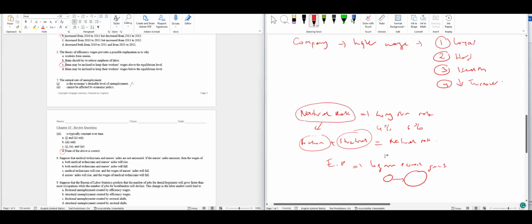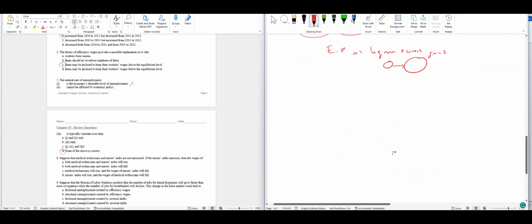Question number 8. Suppose the medical technicians and nurse aides are not unionized. If the nurse aides unionize, we need to find out what will happen to the wages after this change. So if nurse aides unionize, that means their wages are going to increase.